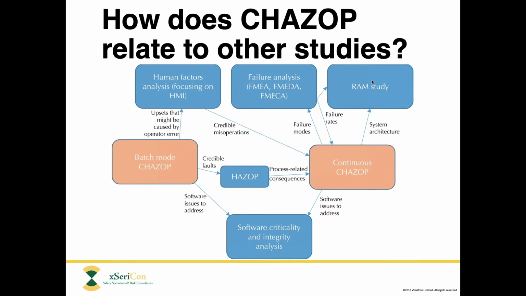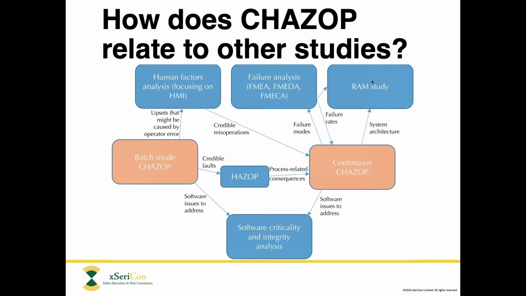And we challenge the design with a quite extensive checklist of questions in order to find the vulnerabilities, as we've discussed before. The reason the HAZOP study is important as an input to that is that the HAZOP will tell us what are the reasonable worst case consequences of failures in the control system.